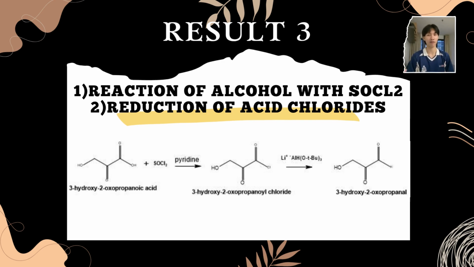This transformation activates the acid for selective reduction. The next step involves selective reduction using a bulky reagent, lithium tri-tert-butoxyaluminum hydride. This mild reducing agent is specifically used to reduce acid chloride to aldehyde without affecting other carbonyl groups. As a result, we obtain 3-hydroxy-2-oxopropanal. The acid group has been converted into an aldehyde, while the ketone and hydroxy group are preserved. This method is especially valuable when precise reduction is needed in complex molecules.